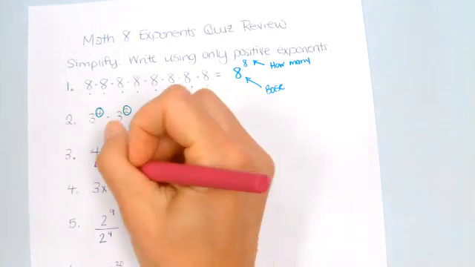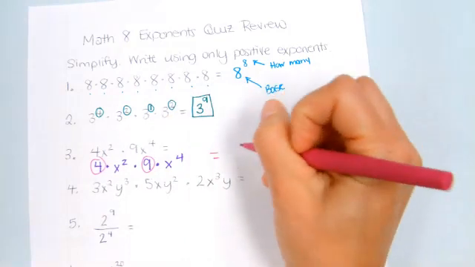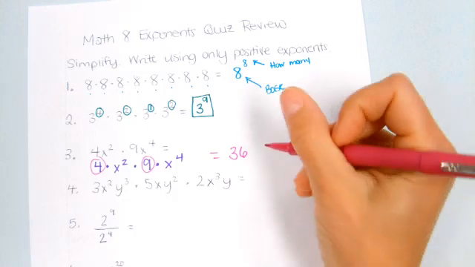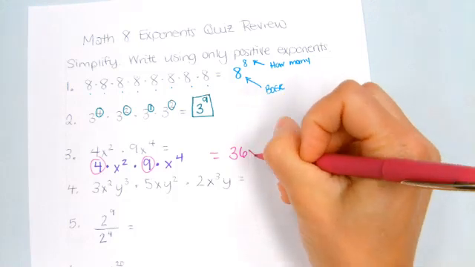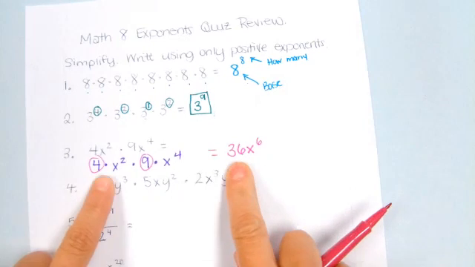Okay, so 4 times 9 gives me what? 36. Excellent. So that's the first part of my answer. What's the next part of my answer for this one? Jairus, go. The x's. Okay, and what do I put? 6. X to the 6th power. You're going to multiply my two bases.